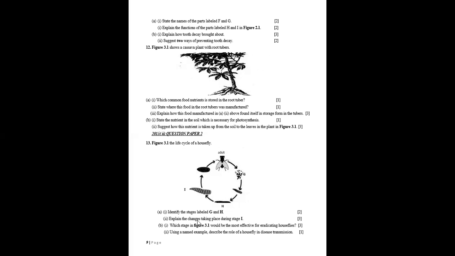Explain the changes taking place during stage I. It is increasing greatly in size and it is reducing in production of predatory maggots that feed on other maggots.